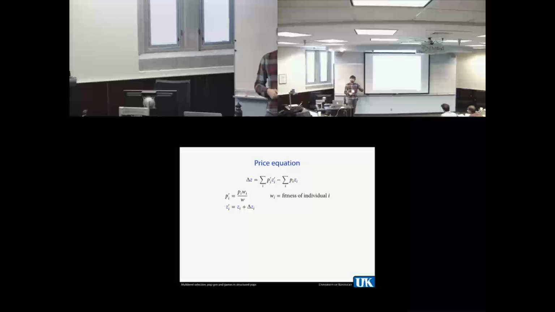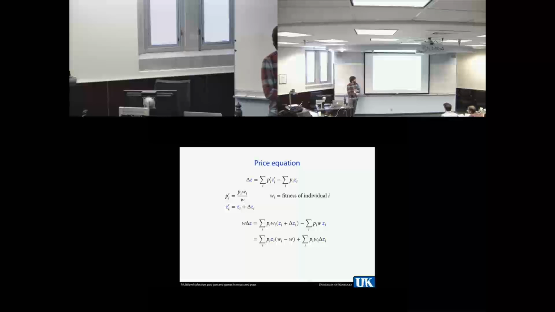Remember, their body size could be changing because of a mutation, and that would be captured in this delta z. We insert that into z prime and p prime here, ending up with this expression.